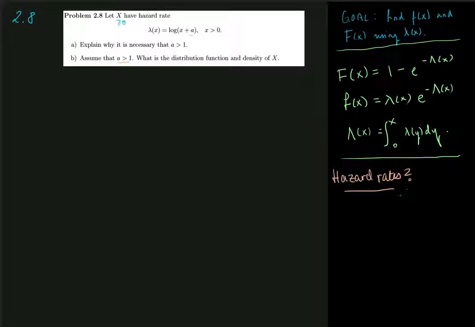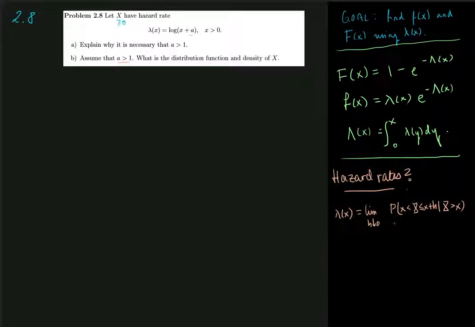The book tells us that we define it as a limit of a probability. Consider the probability that, given x is greater than some little value, x will lie just between that value and a little bit farther right.